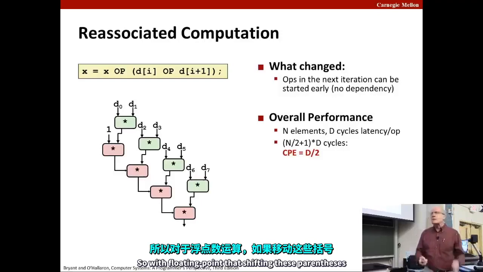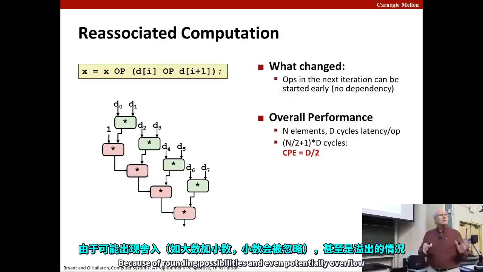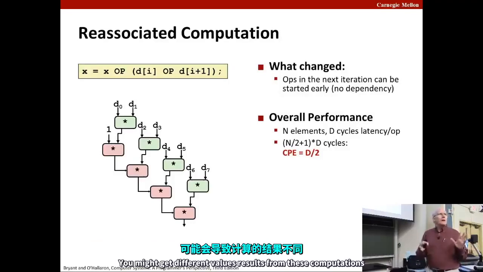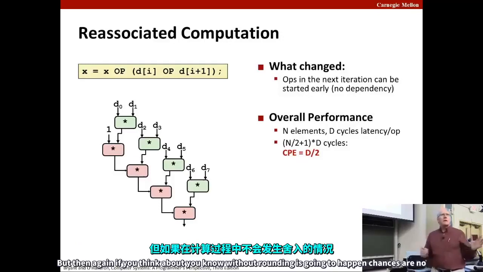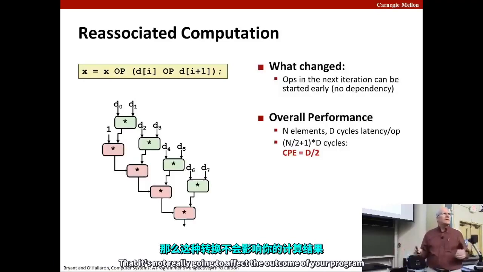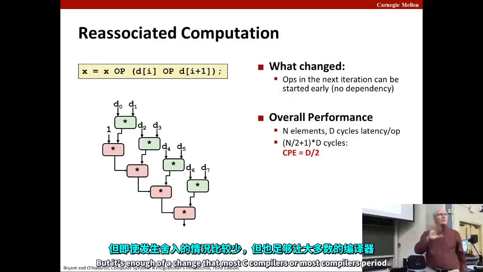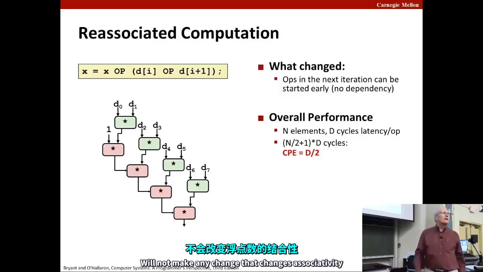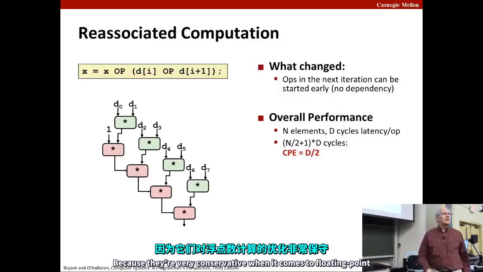With floating point, shifting these parentheses, because of rounding and even potentially overflow, you might get different results from these computations. But is that really going to happen? Chances are no, it's not really going to affect the outcome of your program. But it's enough of a change that most compilers will not make any change that alters associativity, because they're very conservative when it comes to floating point.